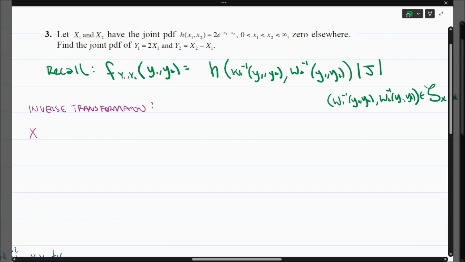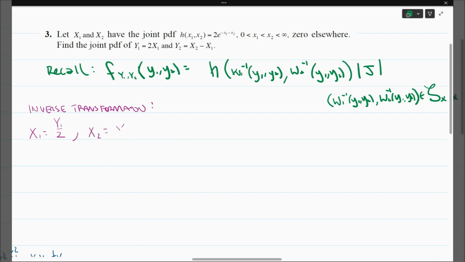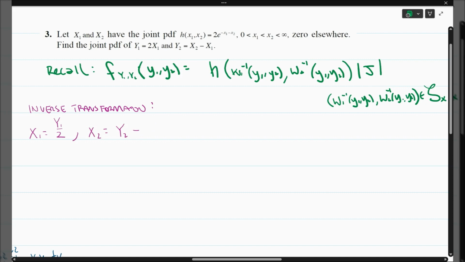So we can see x1 is y1 over 2. That's your inverse, right? And as a result, x2 is going to be y2 plus y1 over 2. Right, y2 plus x1 when we bring that over to the other side. Okay, so we got an inverse transformation.